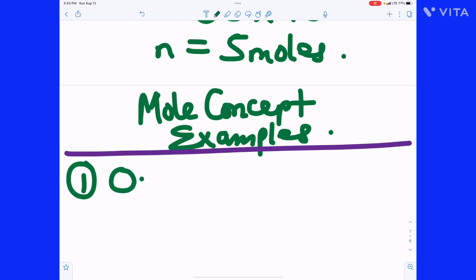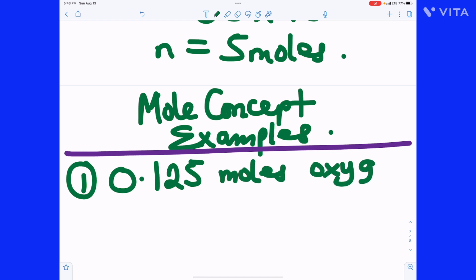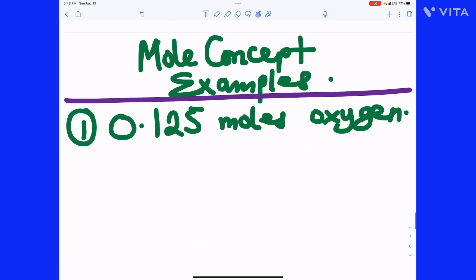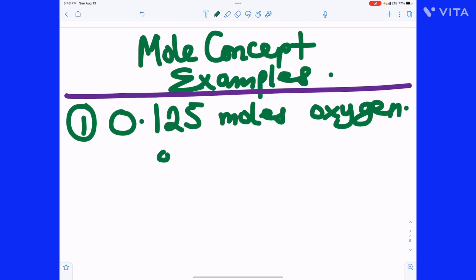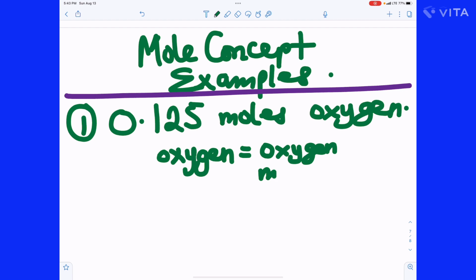Now, the question says, how many atoms are in 0.125 moles of oxygen? This is a very simple question. First thing you need to know is that anytime you hear oxygen in chemistry, they are referring to oxygen molecules. Anytime you hear oxygen, it means the same thing as what?